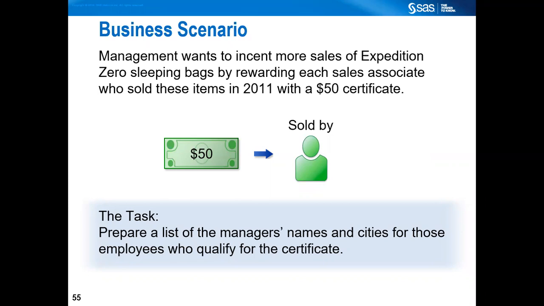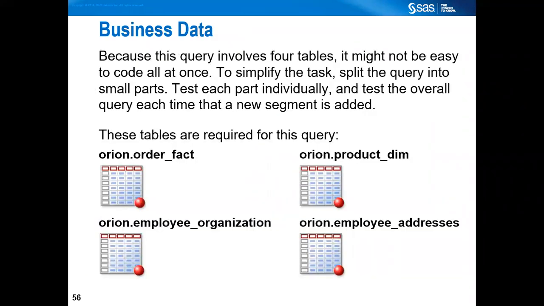Hence, first we need to find those managers with their name, address and cities. For that, we have the information saved in 4 different tables. Order fact is a table where you have order placed information: for which product, which date, what is the order, that is the product ID. Then product dim is the table where you have the information of the product.